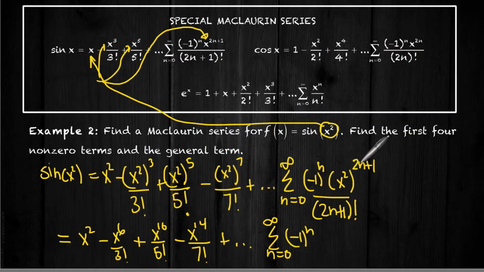And when we have a power to a power, we multiply those powers. So that's going to give us x to the, you have to distribute the 2 into both of those, so that's going to be 4n plus 2. And all of that is over 2n plus 1 factorial.